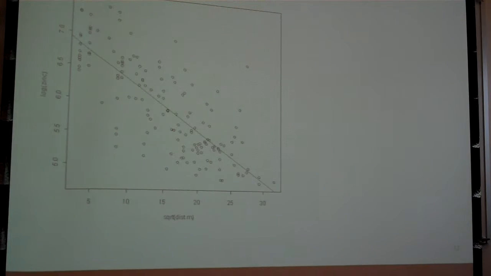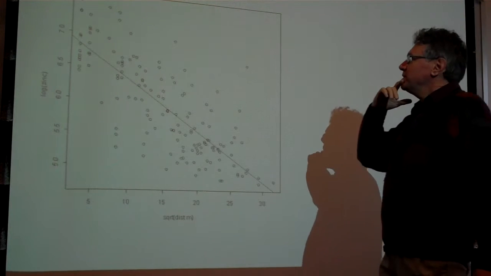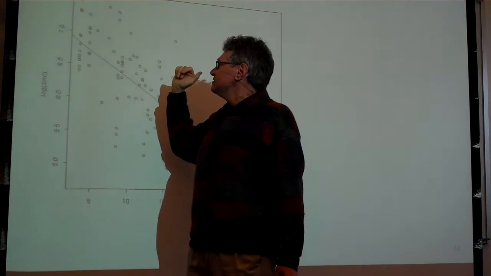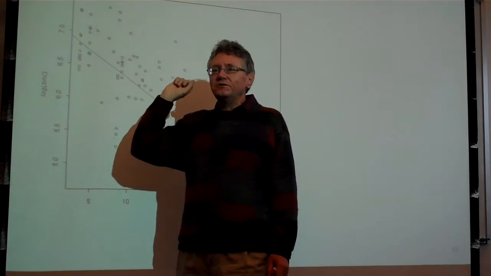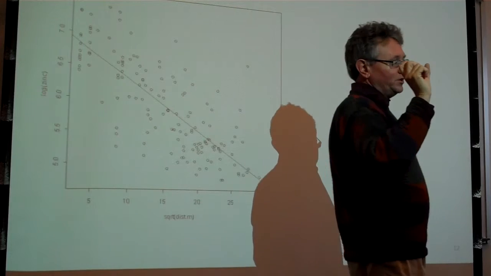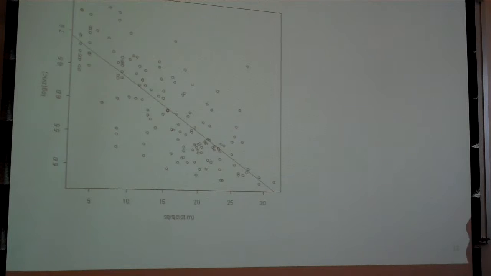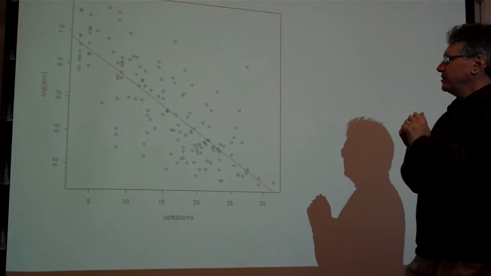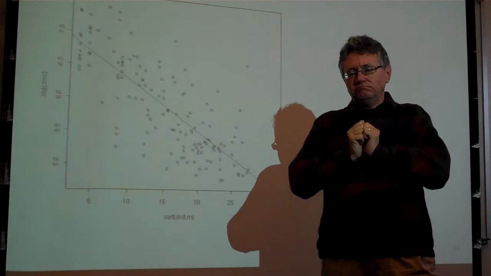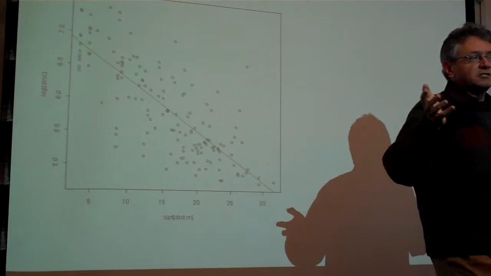But because we're in a spatial environment, we might hypothesize that points that are nearby, or the question is, do points that are nearby tend to have similar residuals? Nearby in some sense.